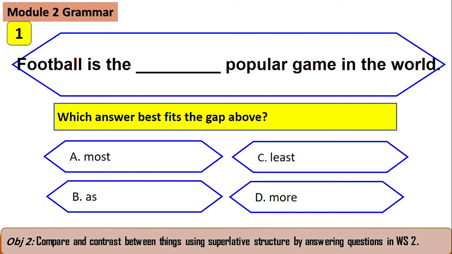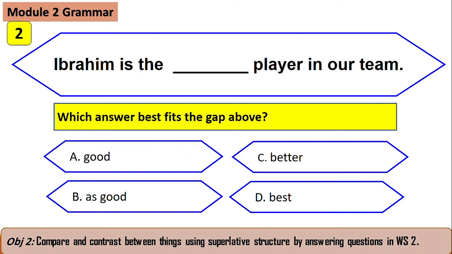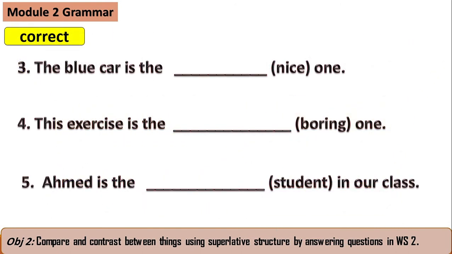Football is popular game. You can say football is the most popular game. Excellent. Ibrahim is player in our team. Is the best. Bravo. Now, pause your video and correct the adjective between brackets. Who can answer number 1? Excellent.